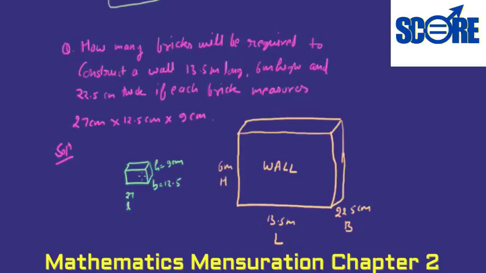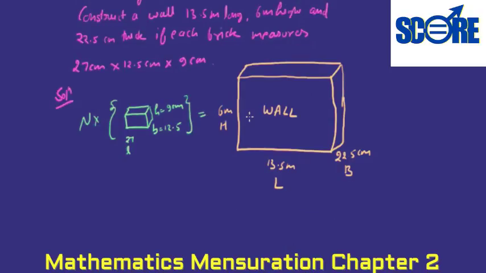Now with the help of this brick we have to construct this wall, so we have to find how many such bricks are required. Let me suppose that n bricks are required to construct this wall. So their volumes must be equal.